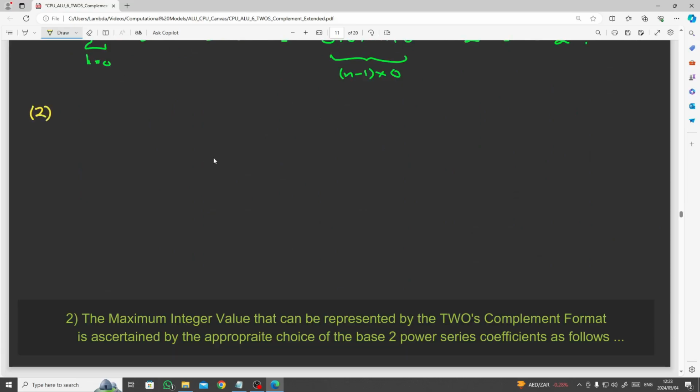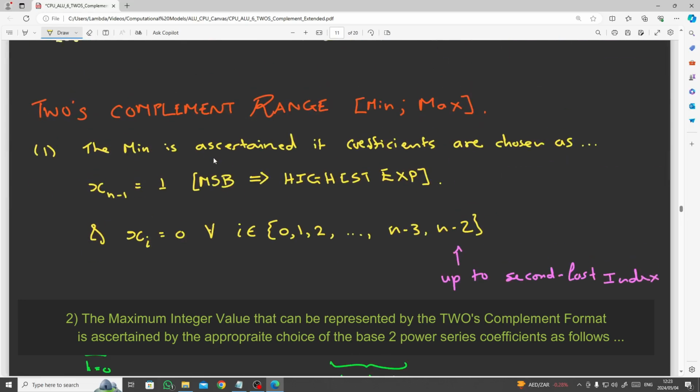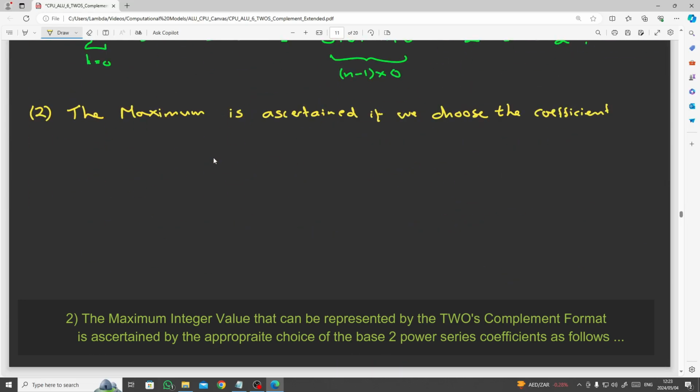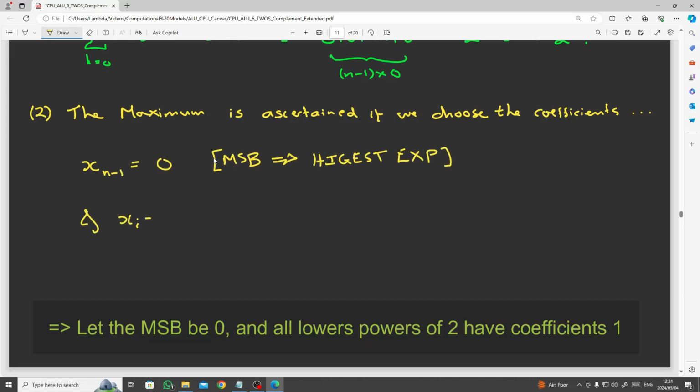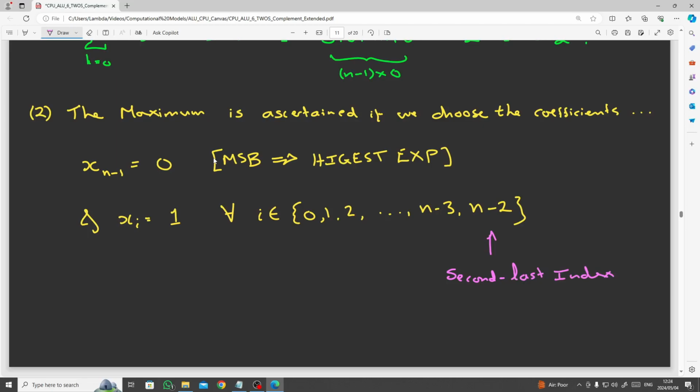The maximum integer value that can be represented by the 2's complement format is ascertained by the appropriate choice of the base 2 power series coefficients as follows. Let the most significant bit be 0 and all the lower powers of 2 have coefficients 1.